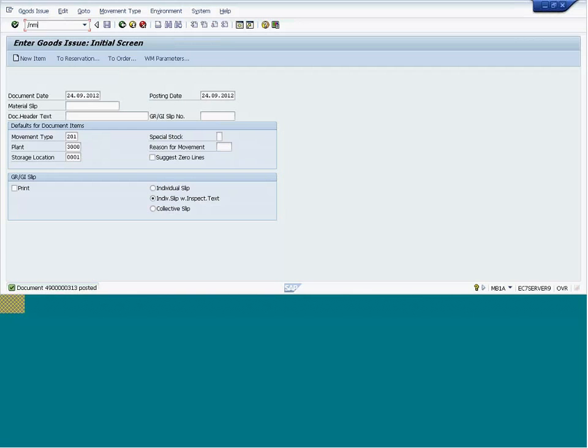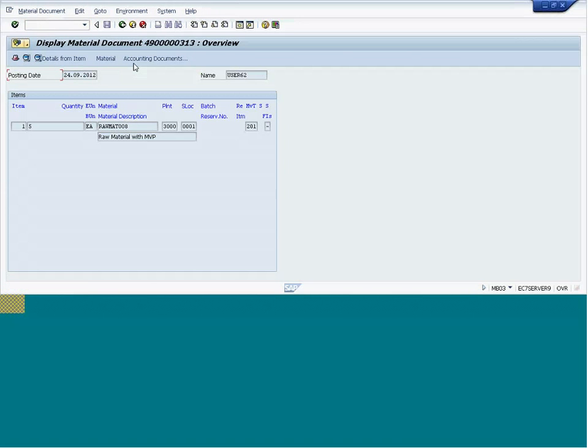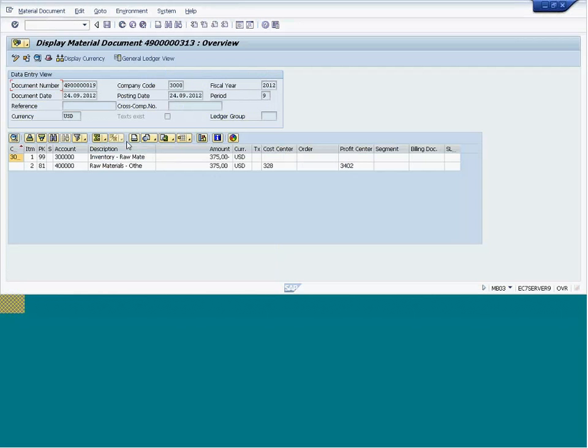It will not, because we are only issuing, right? The value which you are issuing is not going to change the moving average price. So let's go and see that.